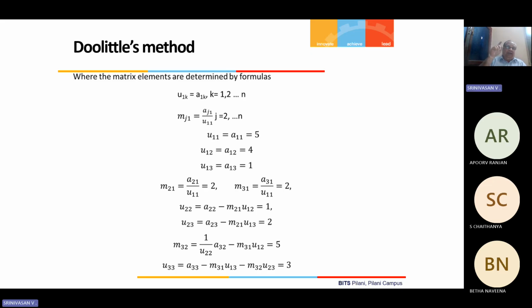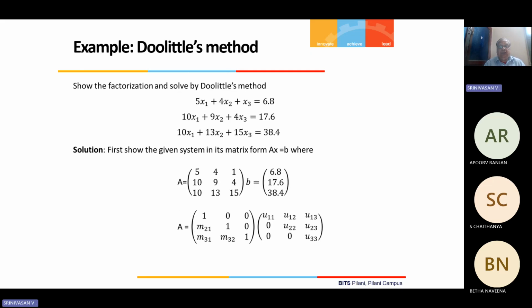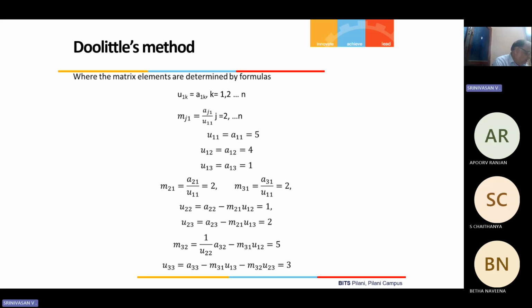In Kraut's you are finding more of the L's, and in Doolittle's you are finding more of the U's, isn't it? So U22 is A22 minus M21 into U12. You can substitute and find out. What is your A22? Your A22 is 9. I think I have written it. I can check and tell you.